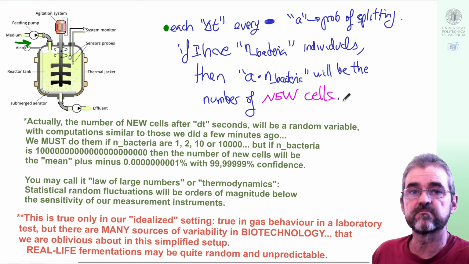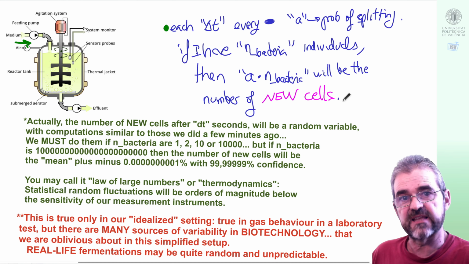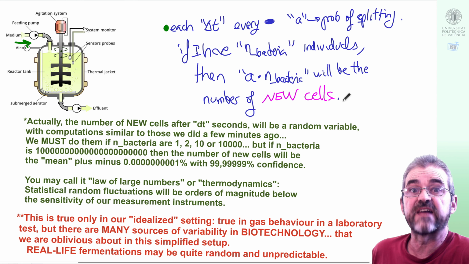I mean, it's random, but what we are saying is that there is randomness in throwing one coin. It will give heads sometimes and tails another one. There is randomness in 2 coins, but if you throw 2 trillion coins, then the number of heads will be, if not exactly 1 trillion, it will be 1 trillion plus minus 0.00001% precision, let's say. This is the law of large numbers.